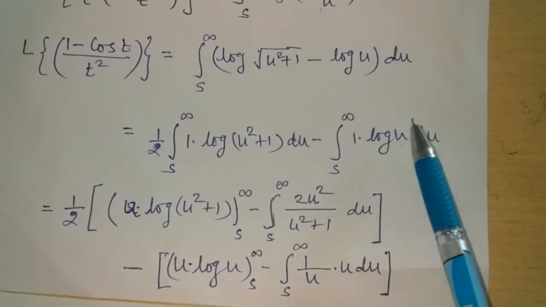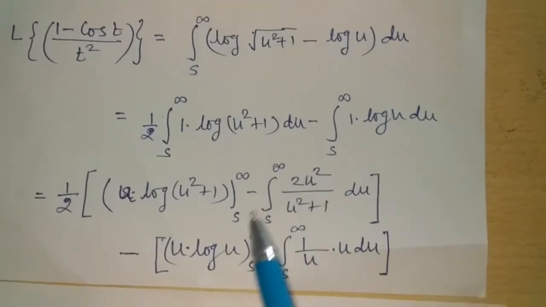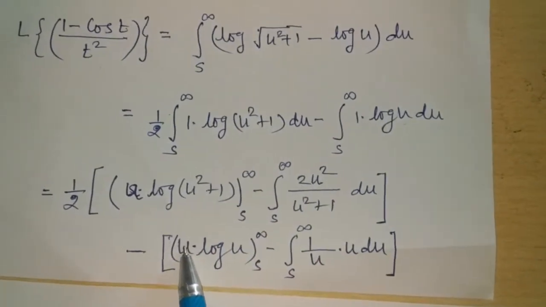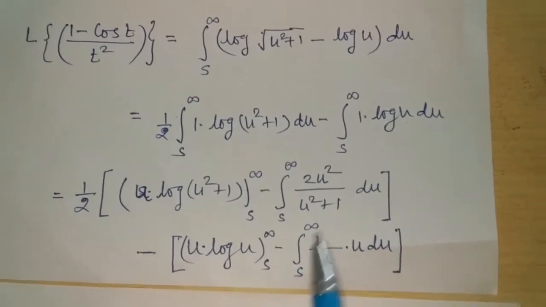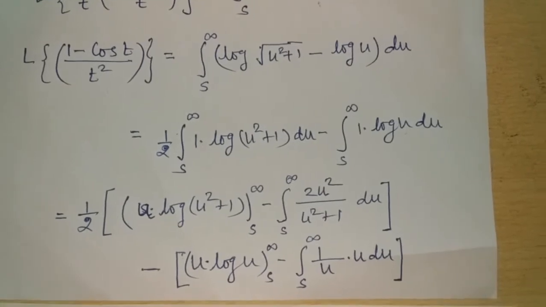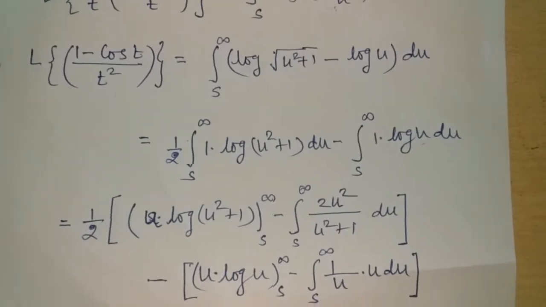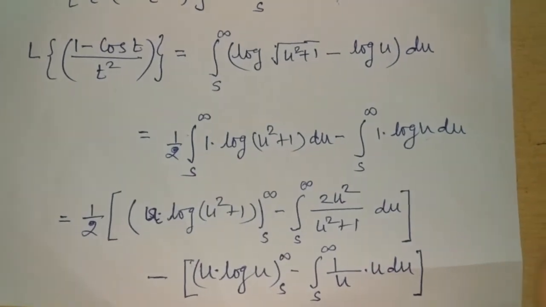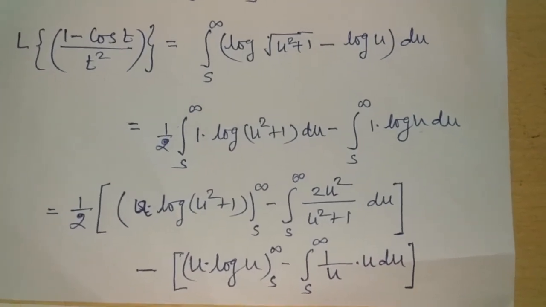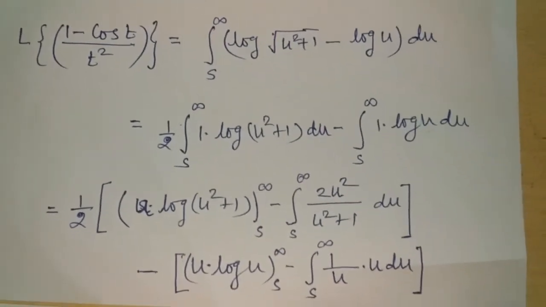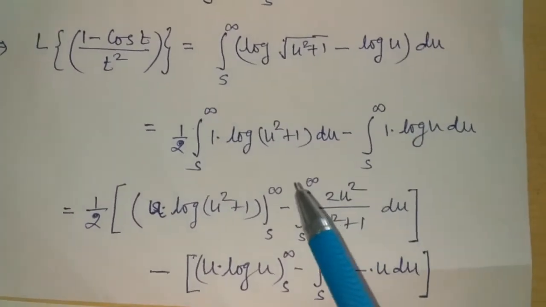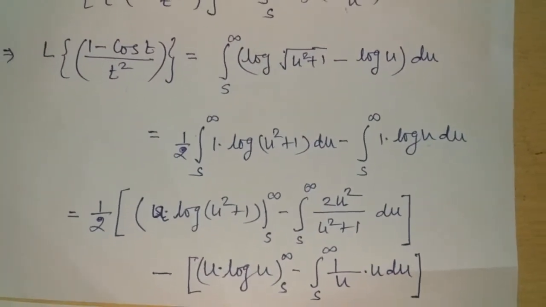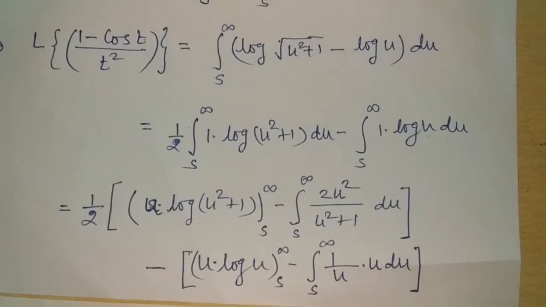Similarly, the second integral gives first part log u as it is into the integral of the second, so the integral of 1 is u, from s to infinity, minus the integral of the differential of the first, so the differential of log u is 1 upon u, into the integral of the second, which is u, so u du. So we integrate these two integrals using the technique of integration by parts.